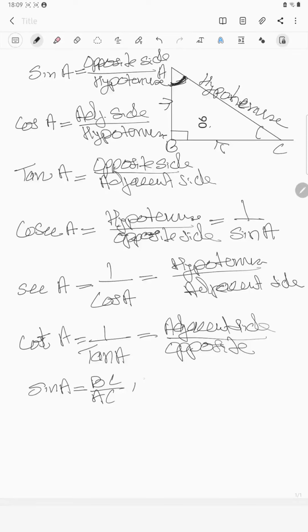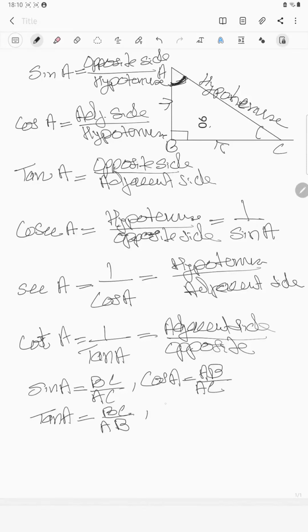Then cos A is equal to adjacent, adjacent is side AB, upon hypotenuse AC. Then tan A is nothing but sine upon cos, so it will be opposite BC upon adjacent AB.